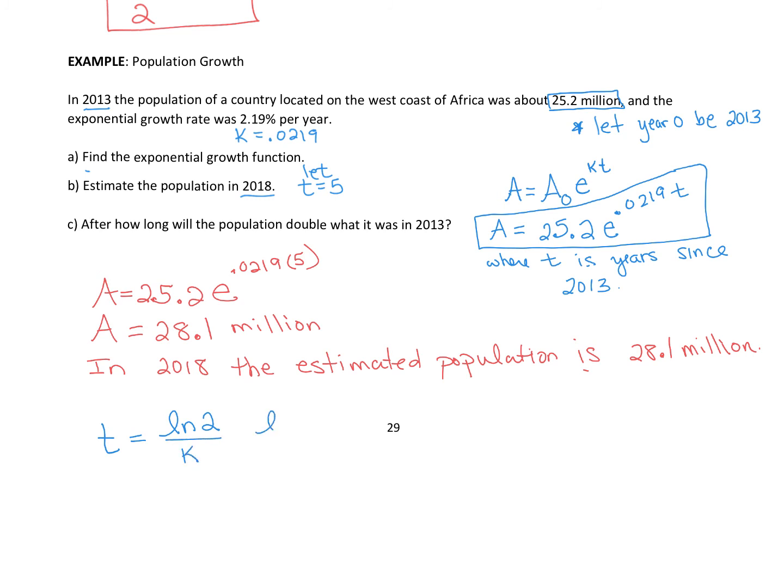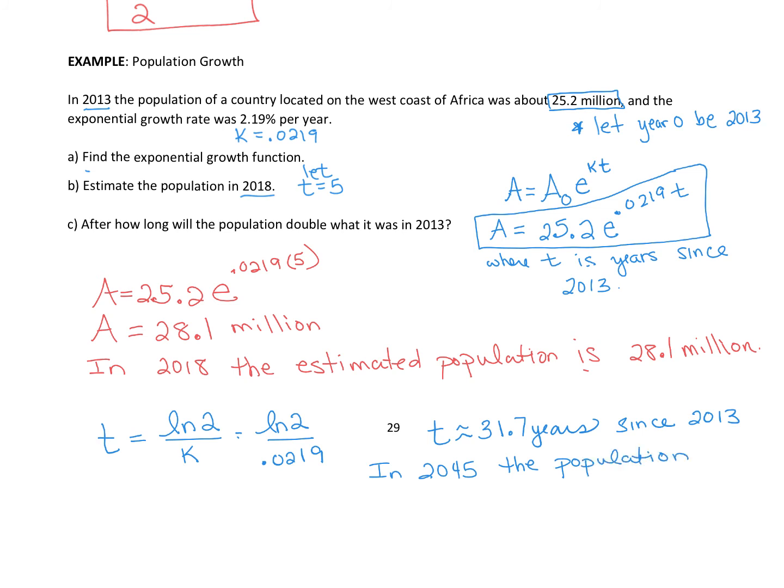So in this case, that's the natural log of 2 divided by 0.0219, and we get t is approximately 31.7 years since 2013, because remember our t was the years since 2013, and so if we add 2013 to the 31.7, we'll say in 2045, the population will be double the 2013 population.